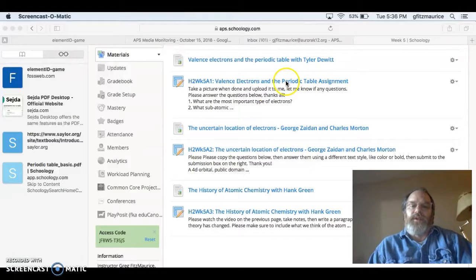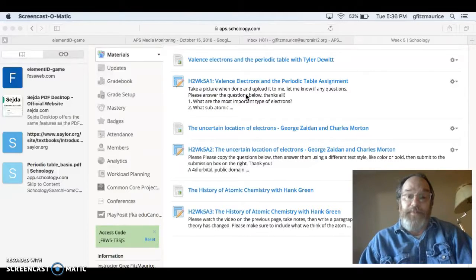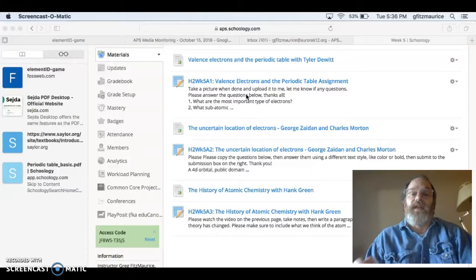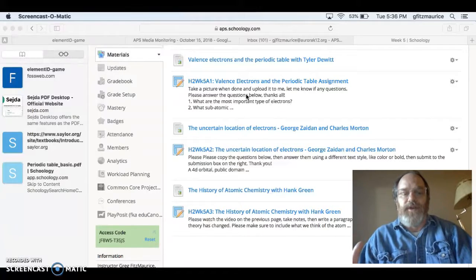This assignment is just a couple of short questions and then drawing a Bohr diagram. There's a couple of examples given, so pay attention to that. So you have to pick an element from the first two rows or periods going across.